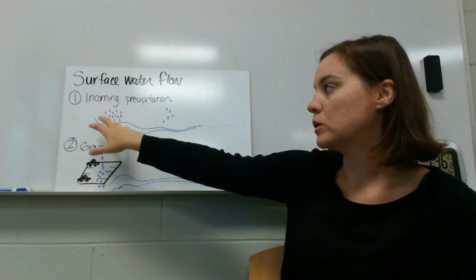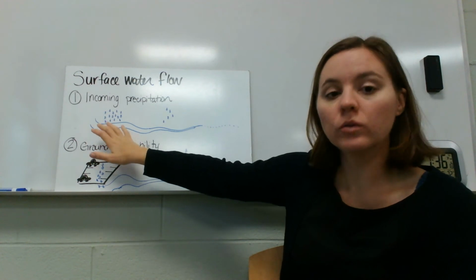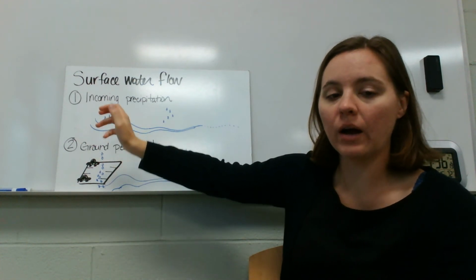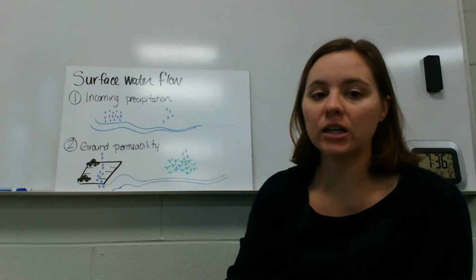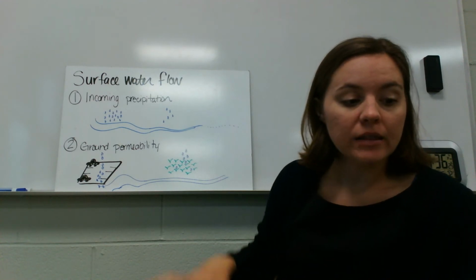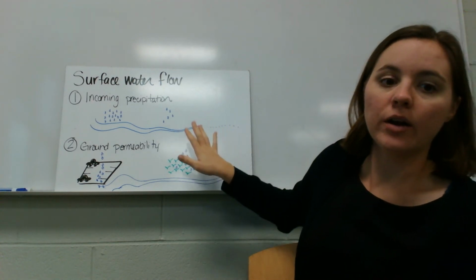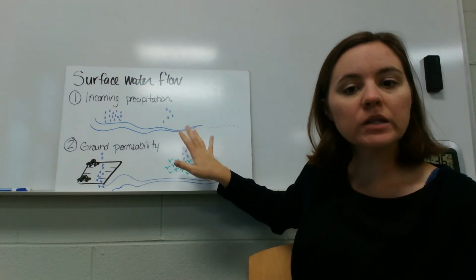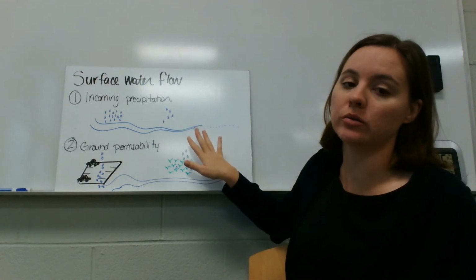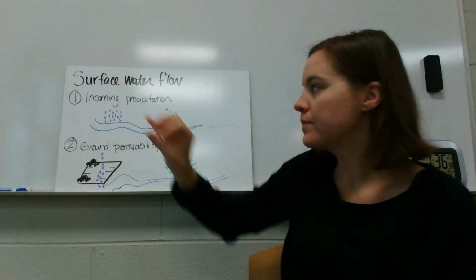This could be associated with cold fronts or really long-term stationary fronts, because cold fronts dump a whole lot of water at one time, or stationary fronts stick around for a very long time and dump small amounts of water. And if we have less precipitation down at this end of the spectrum, then we have less water added to our surface water. So this would be associated with high pressure weather systems, because high pressure is associated with clear skies.